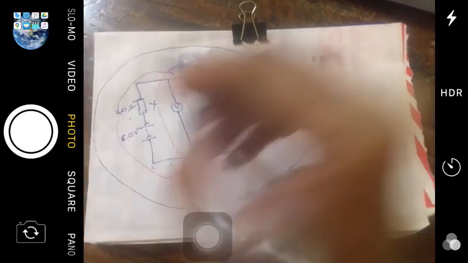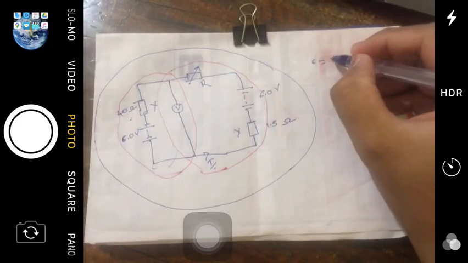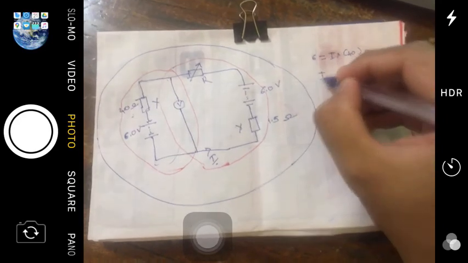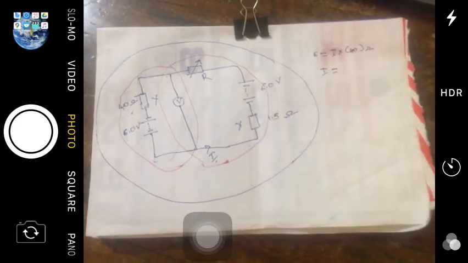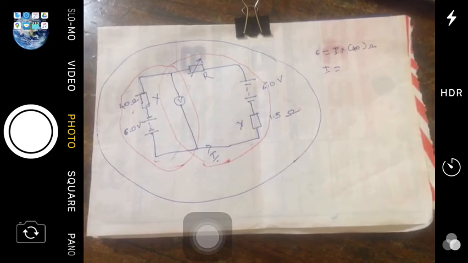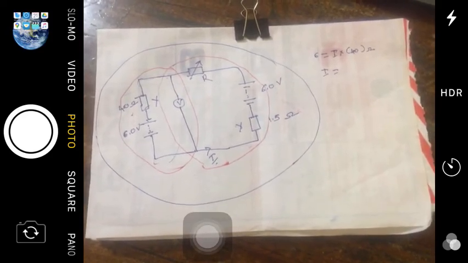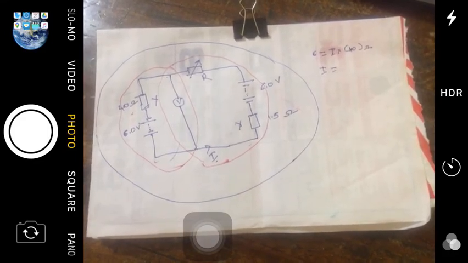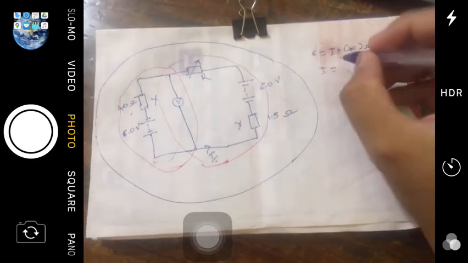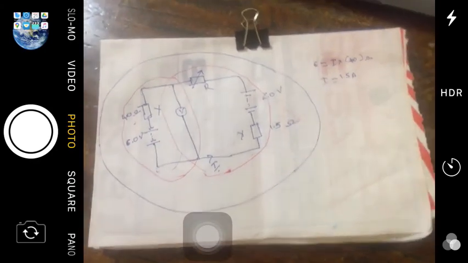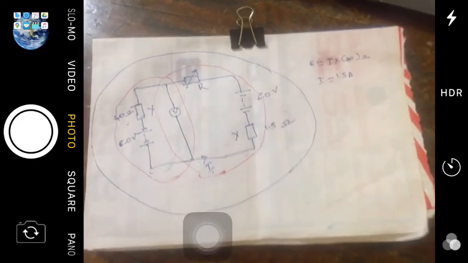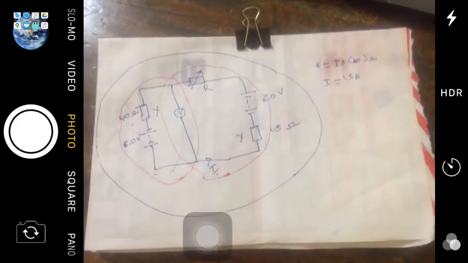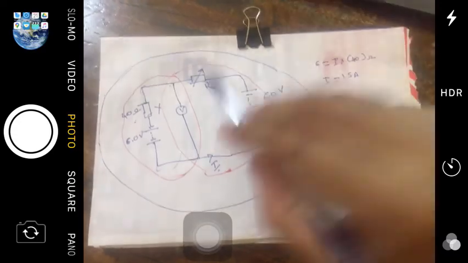So you have the R, you know the current is I, so the potential drop would be I times R. So this should give you an I value of 1.5 amps. Oh, it's 6/4. Yeah, 1.5 amps. Right?